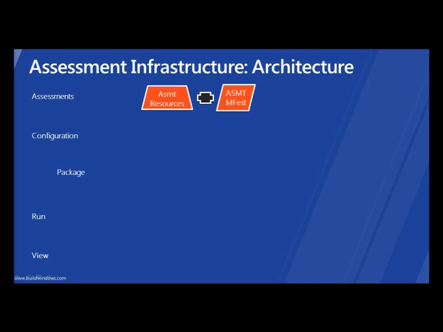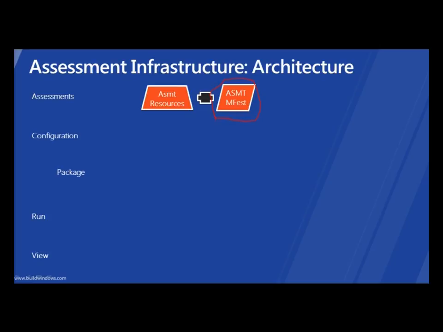The other thing you need is an assessment manifest. The assessment manifest contains the information that's necessary to describe the assessment to the Windows Assessment Framework, which can then describe the assessment to the tools.